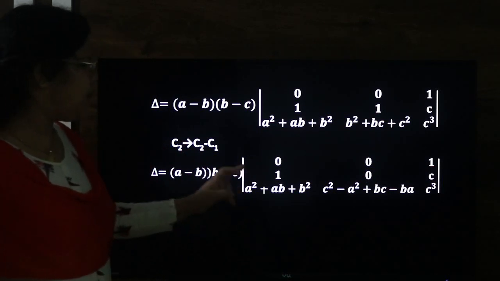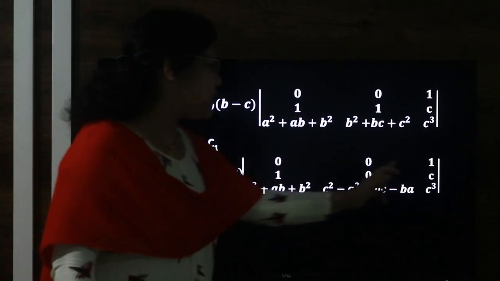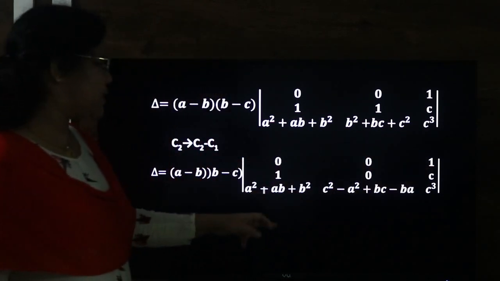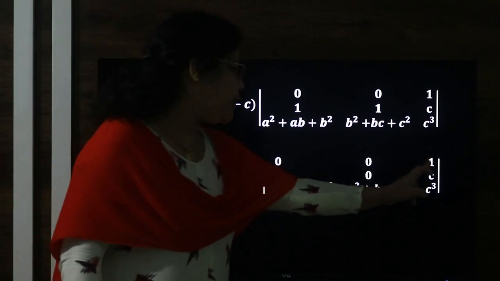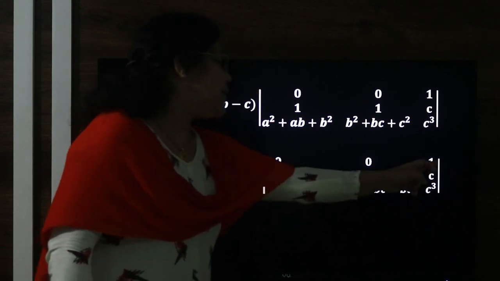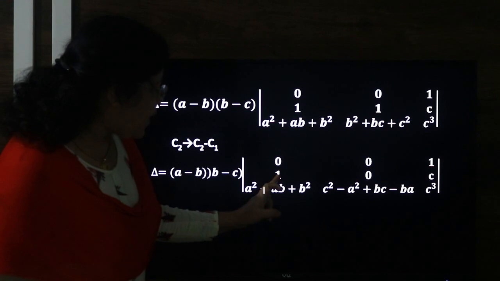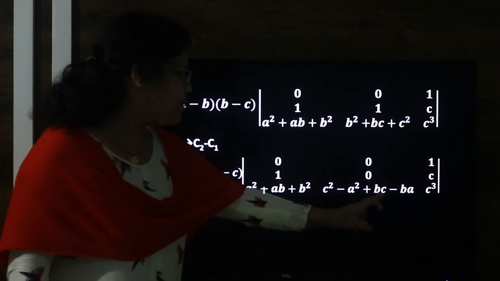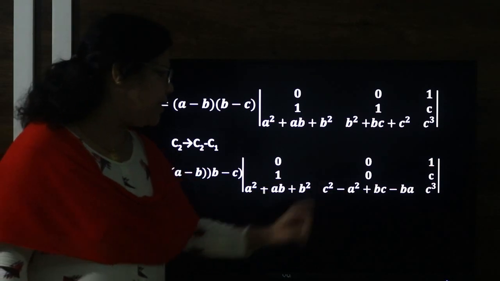Now expand using the first row. If you expand this determinant using the first row, 1 into, you can leave that column as well as row, so it will be 1 into c square minus a square plus bc minus ba, minus 0 into the other term. So this is the only remaining one.